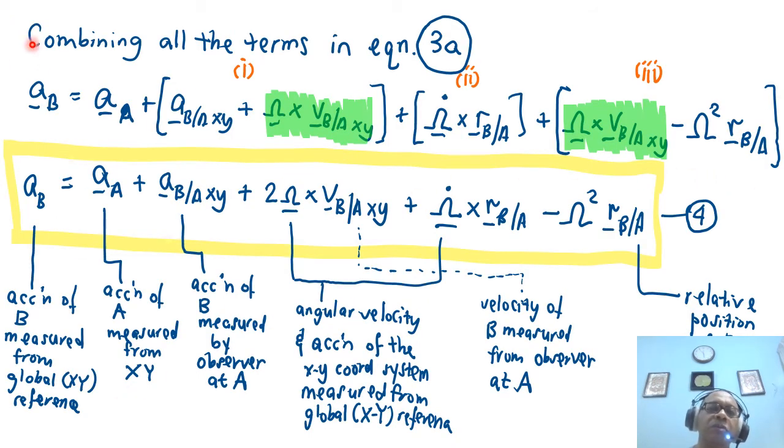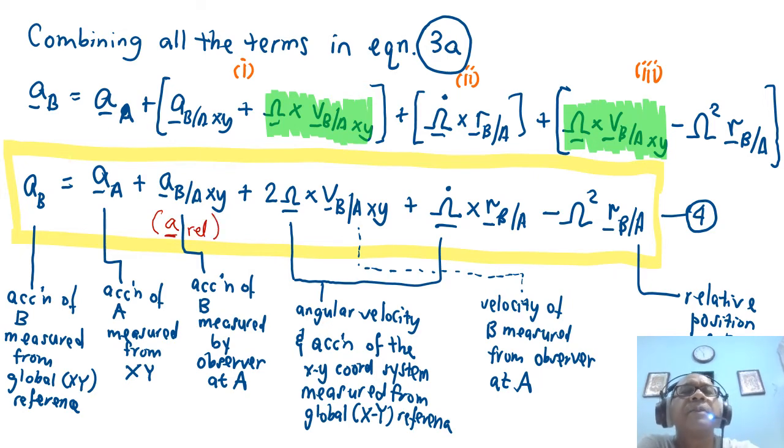When we combine all the terms from equation 3a, we will see that the acceleration of B equals the acceleration of A plus the acceleration of B relative to A measured from xy. Sometimes I call this A relative, so let me write it down here, in red. Sometimes I put A relative underlined, as it's a vector.